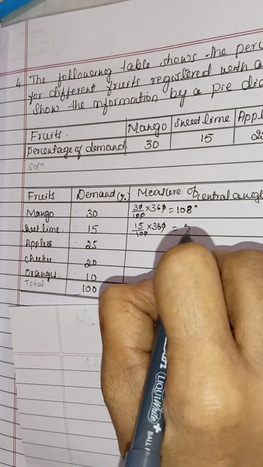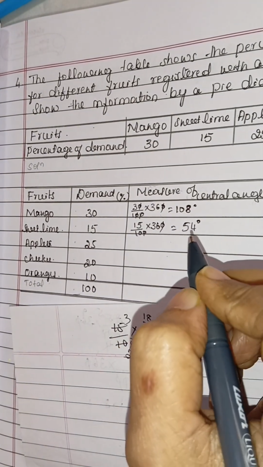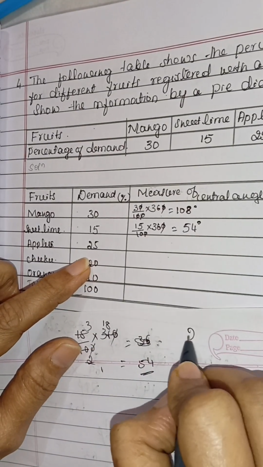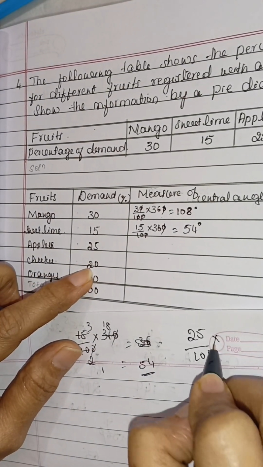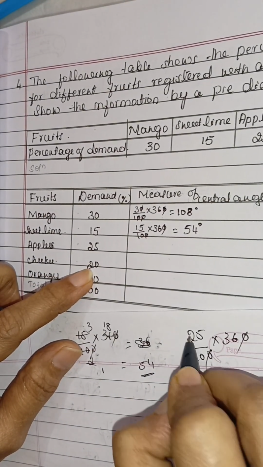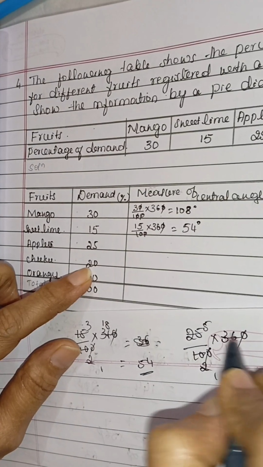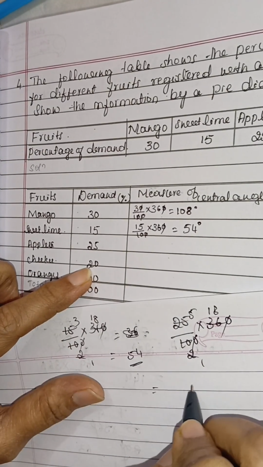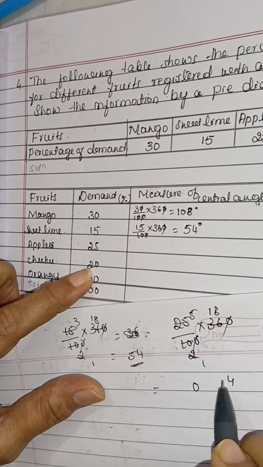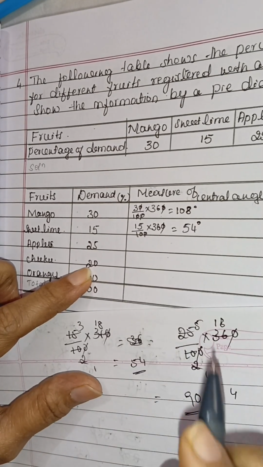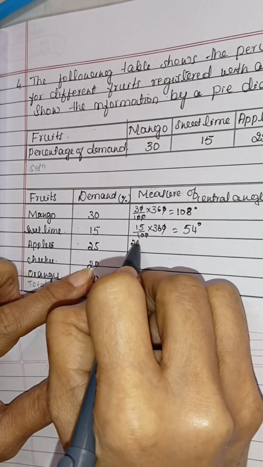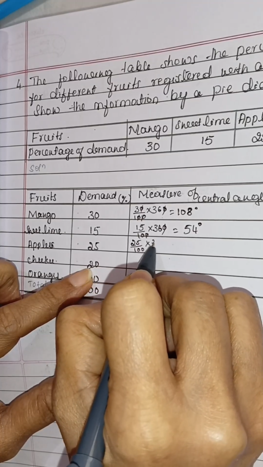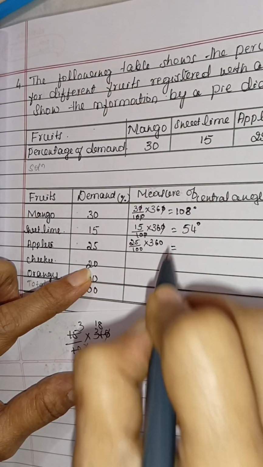This is 54. Okay, 54. This is 25 out of 100 multiplied by 360. This is 90 degree. See, this is 25 out of 100 for 360. This is 90.